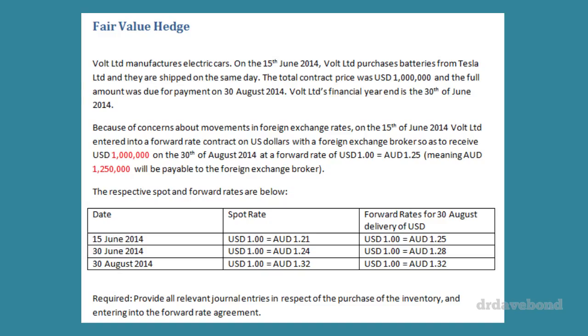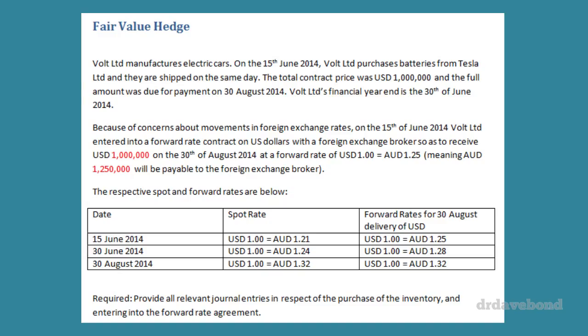In effect, this is kind of like future US dollars. A future US dollar is trading at 1.25 on that particular date, which is what you've locked it in at. You've locked in that contract at 1.25. When you roll along to the financial year end, that's 1 to 1.28.